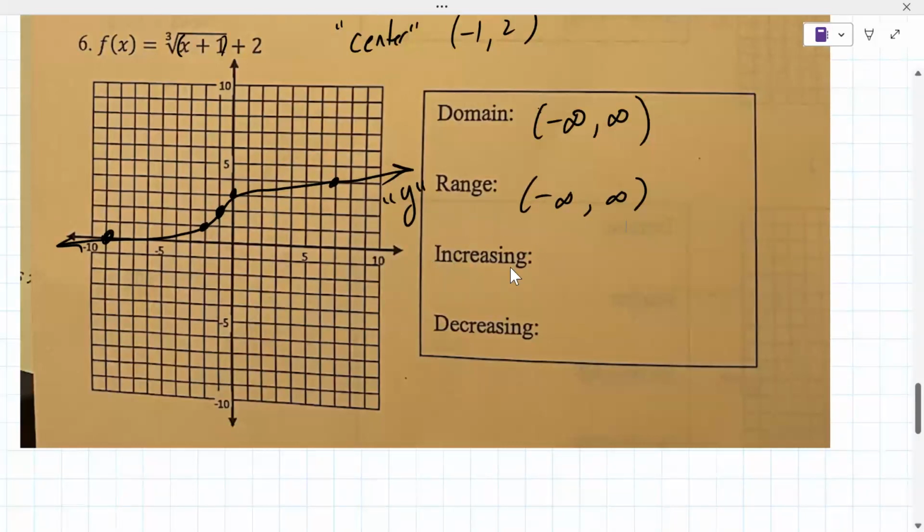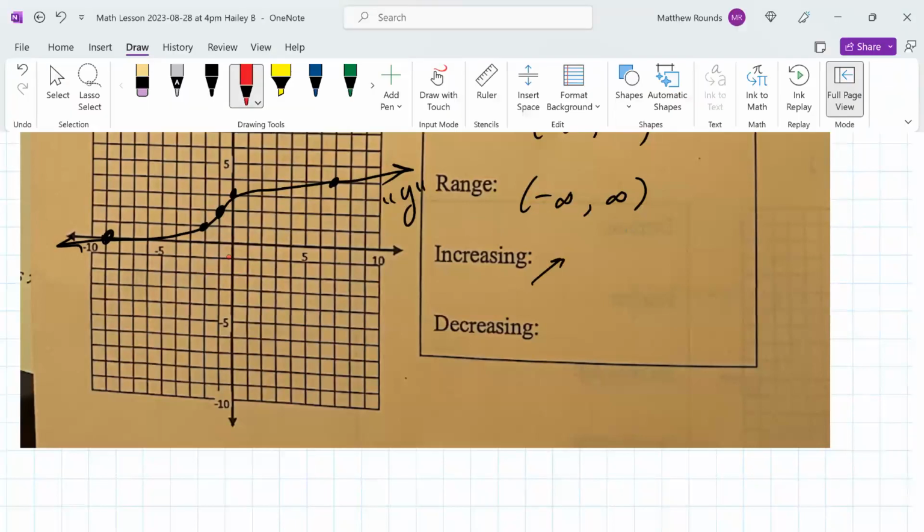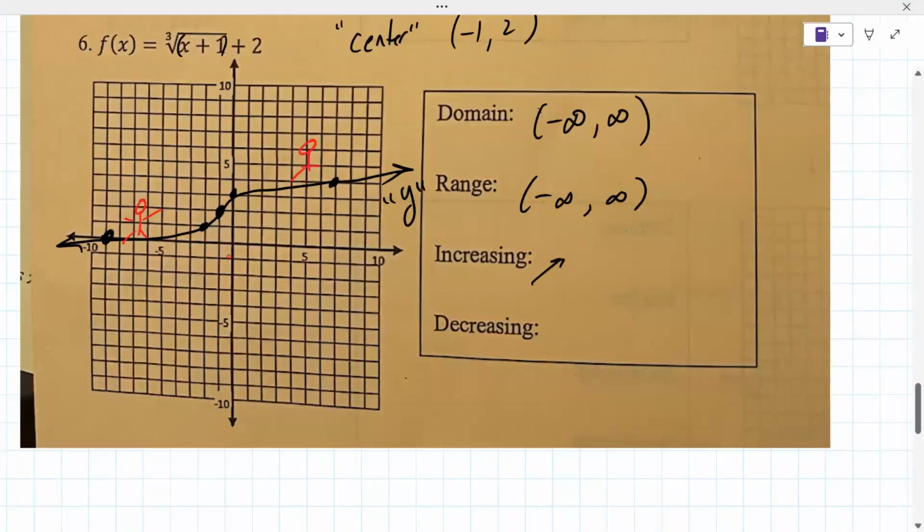What would you say for increasing on this one? 3 infinity? No. So you're trying to break it up right here at 3. Remember, these are the x values.